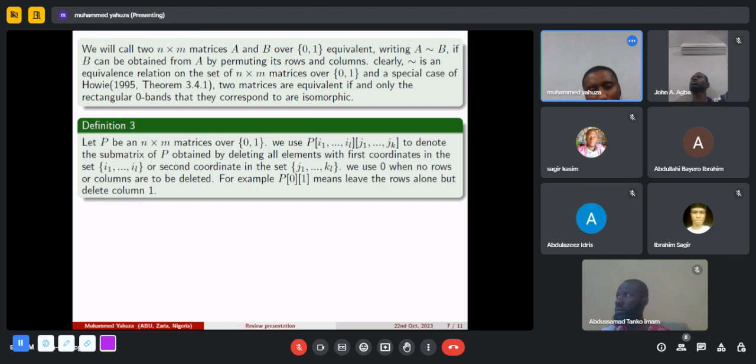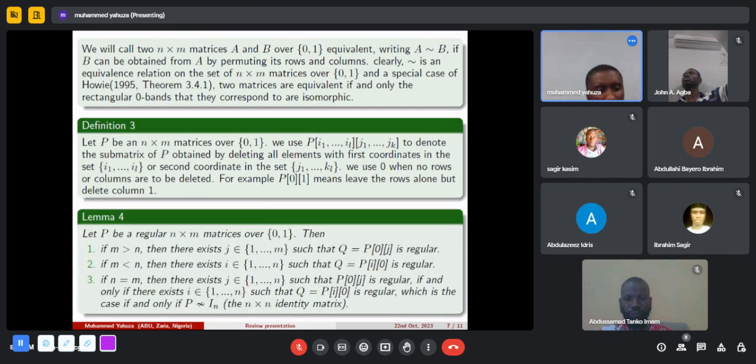We use P(i1,...,il; j1,...,jk) to denote the submatrix of P obtained by deleting all elements with first coordinate in the set i1 to il, or second coordinate in the set j1 to jk. We use 0 when no rows or columns are to be deleted. For example, P(0; 1) means leave the rows alone but delete column 1. I hope this definition is clear.